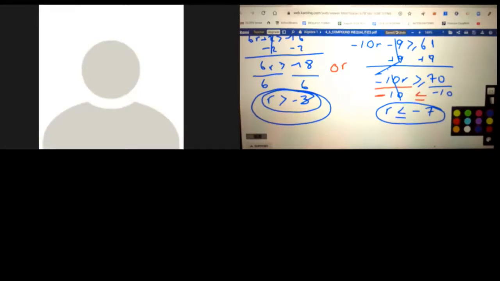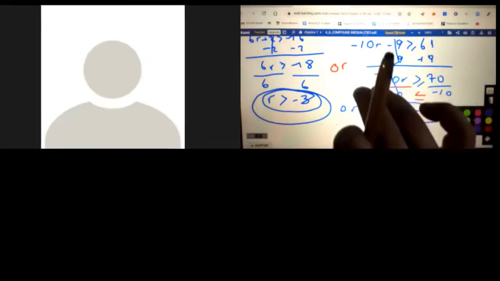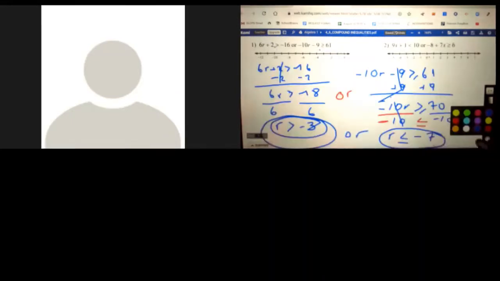So in Khan Academy, this answer on the options would be r greater than -3 or r less than or equal to -7. But when you are doing this as a graph, your answer would be like this.